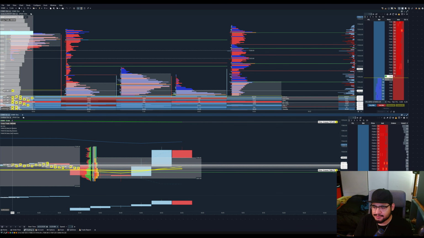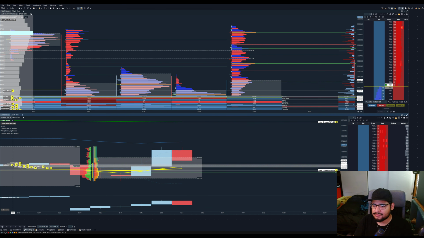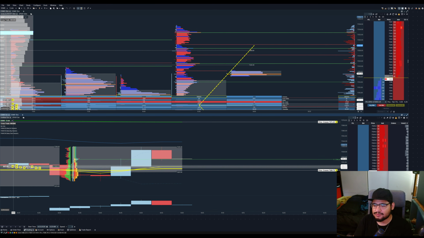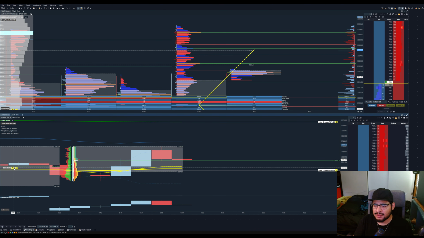So I'll focus on that today. Might wait to take a trade until the 9:30 candle closes and see how price reacts here.